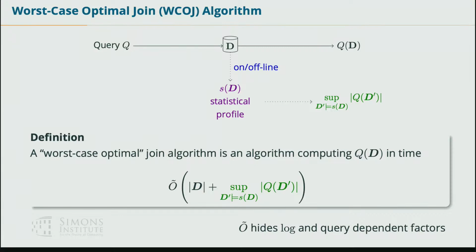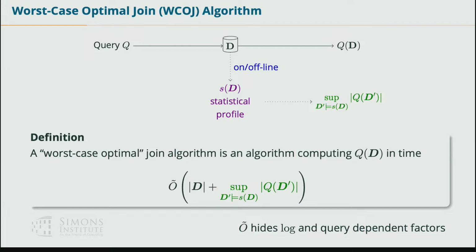Then a join algorithm is an algorithm that can answer this query in time that is the input size, that's the input database, right, plus the worst-case output size. Yeah? So this is not quite instance optimal in the sense that this is not the cardinality of Q(D), but it is the worst-case output among all of the possible databases for which it has exactly the same statistics as this profile.